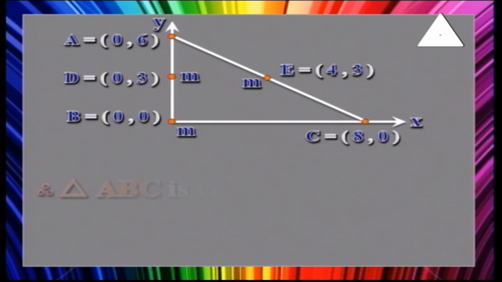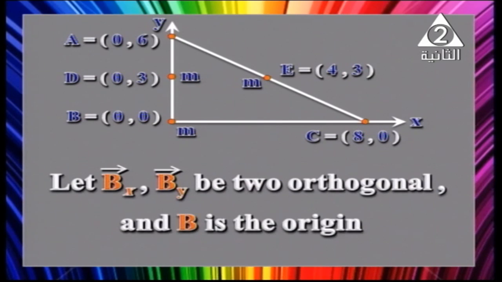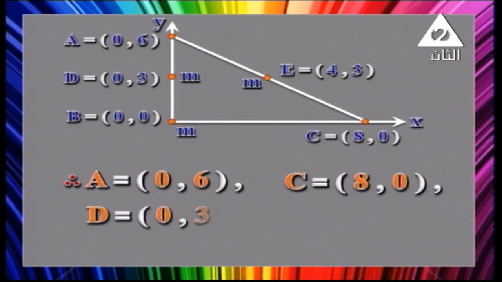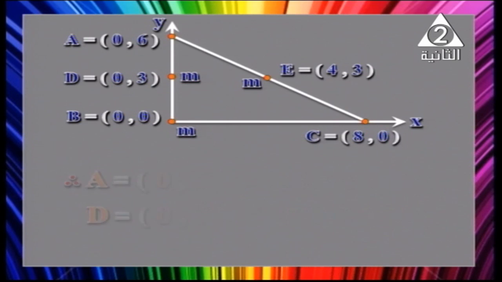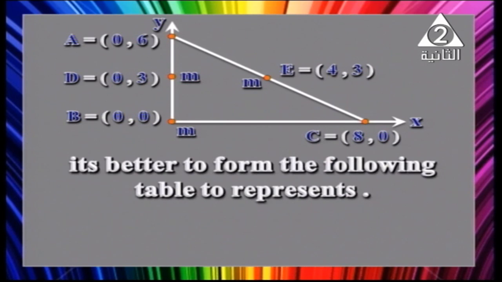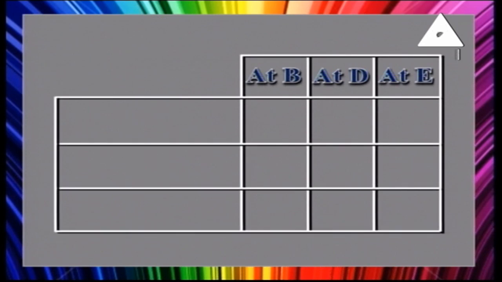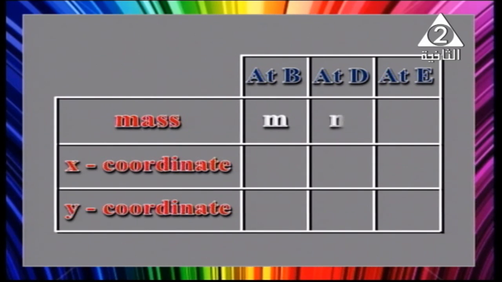My dear student, let Bx, By be orthogonal and B is the origin point. Point A (0, 6), point C (8, 0), point D (0, 3), point E (4, 3). It's better to form the following table to represent the mass and coordinate of each. This table has mass, x coordinate, y coordinate.